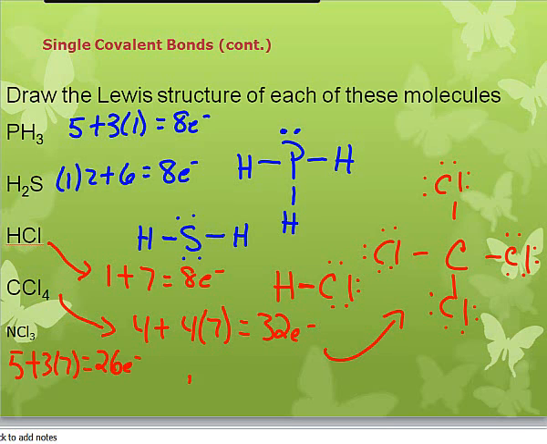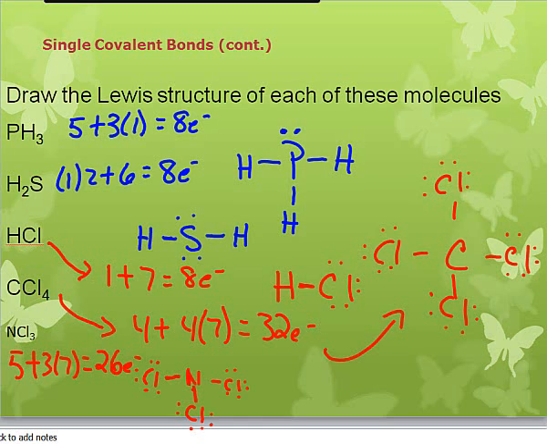So nitrogen goes in the center because it's the least electronegative, and we have chlorine, chlorine, chlorine. Okay, so I have 26 electrons.